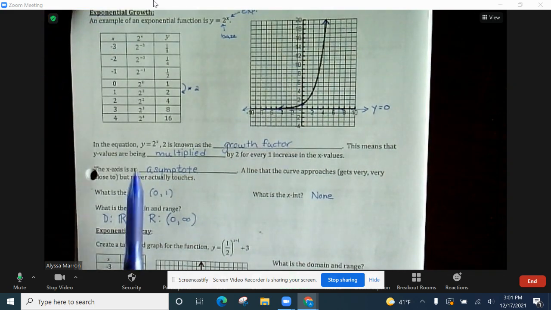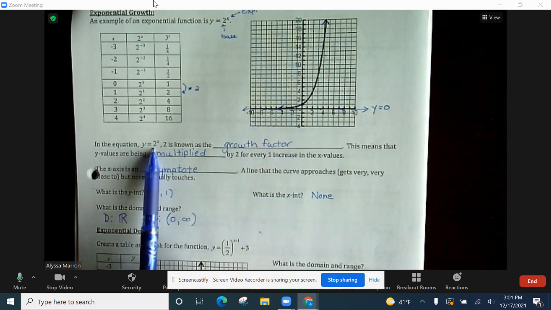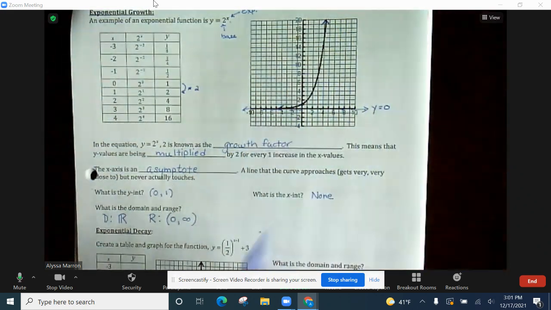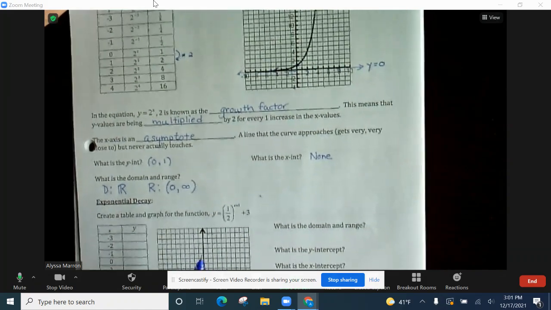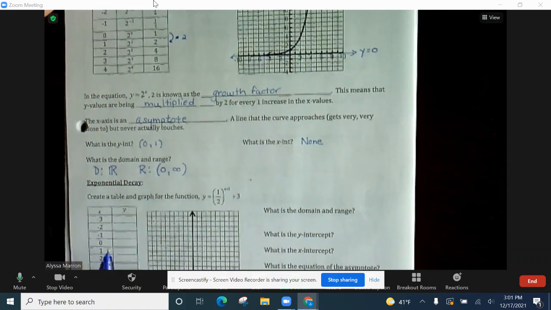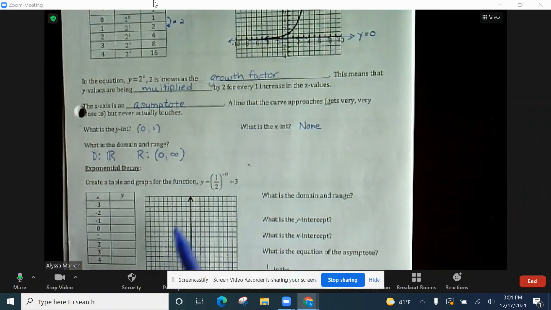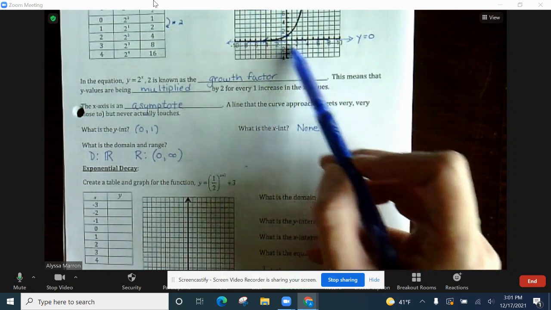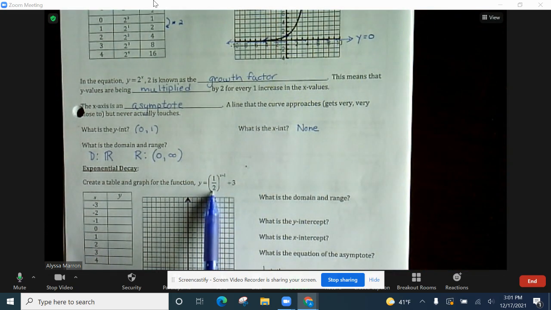So in that one, because this base here was larger than 1, it's known as growth factor. That's going to increase. You're going to see in the next problem, we have exponential decay. So instead of the function going up very quickly, it's actually going to start high and go down very quickly if this base here is a fractional value between 0 and 1.